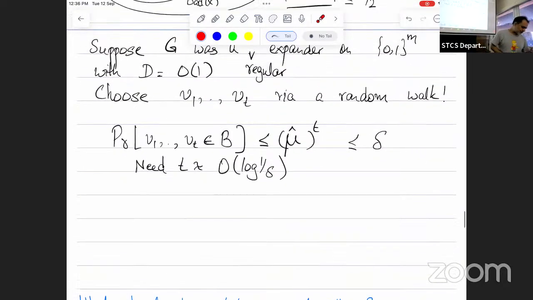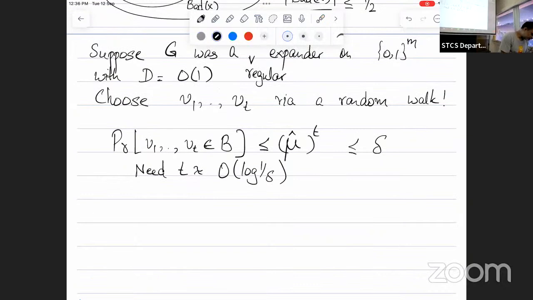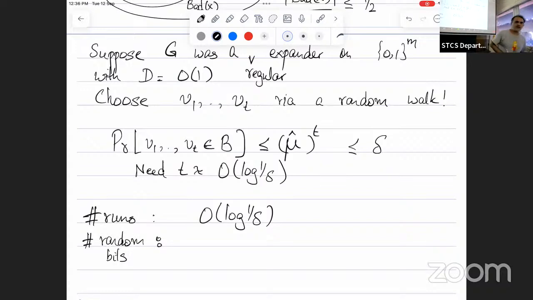So now let's get a sense of how many runs we need if I want to get the error down to some delta. We just saw that the number of runs is like log 1 over delta. And here is the important thing: how many random bits do we use? Obviously, I need to pick the first vertex. That takes m random bits.